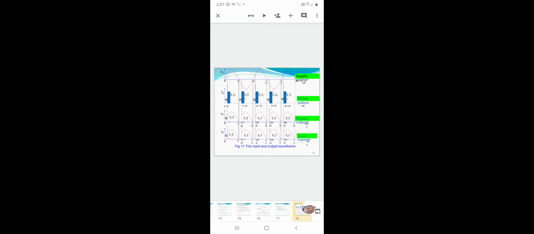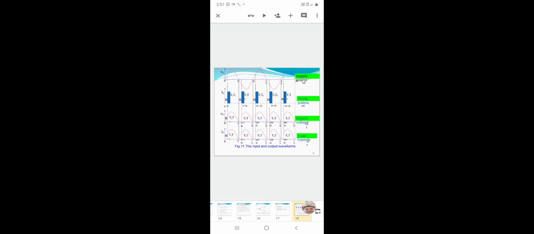If no firing pulses are given, the thyristors would start conducting from 0 during the forward bias condition in the positive half cycle.